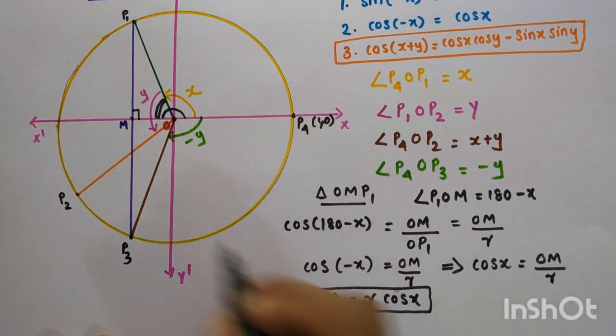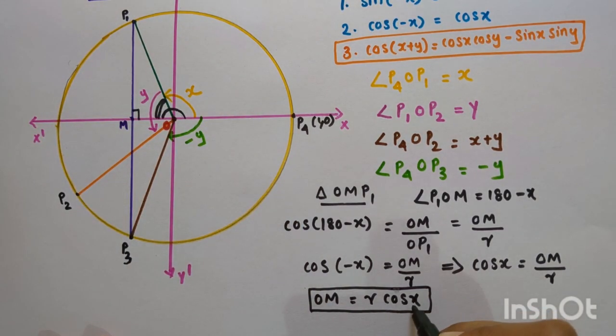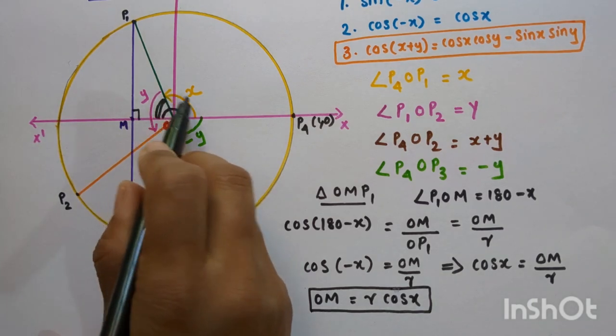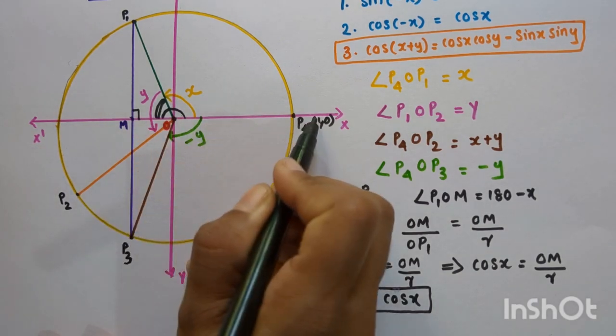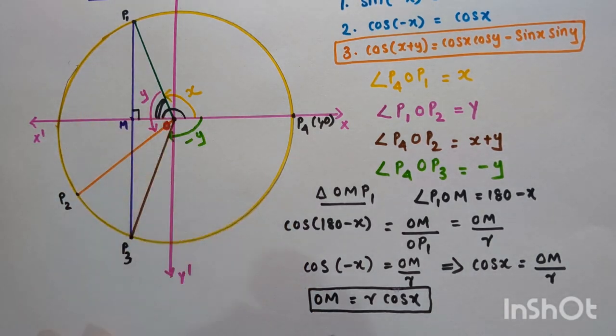Cos x means the cosine of this angle x. This angle x is measured from the positive direction of the x-axis to this point P1. So the x coordinate of the point is the radius times the cosine of the angle made by this point with the positive x-axis.